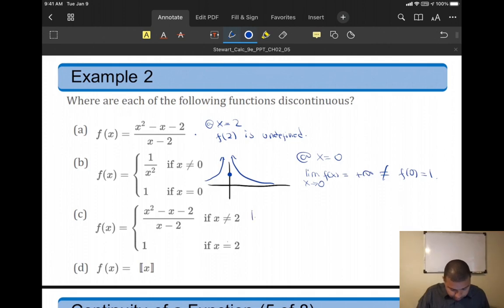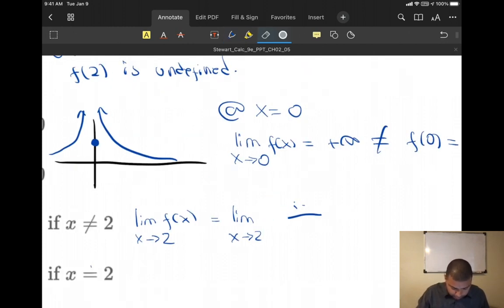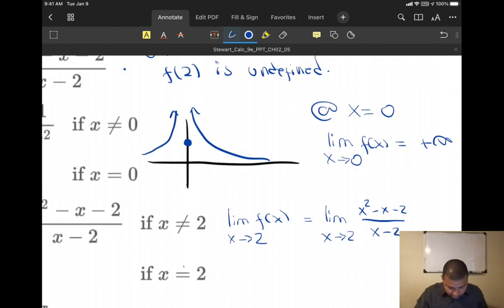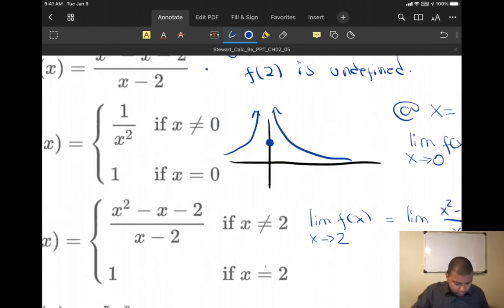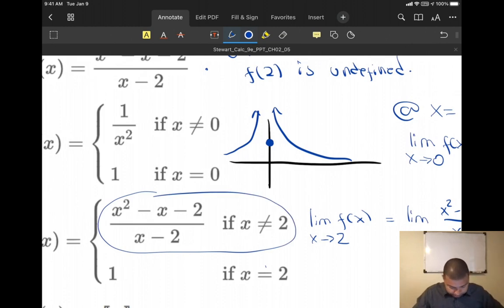So the limit of f of x as x approaches 2 is the limit as x approaches 2 of x squared minus x minus 2 over x minus 2. Let me zoom in because I think maybe that helps you. The reason I'm using this is because when x approaches 2, x is very close to 2, but it's not 2. So I can use this rule here for when x is not 2.